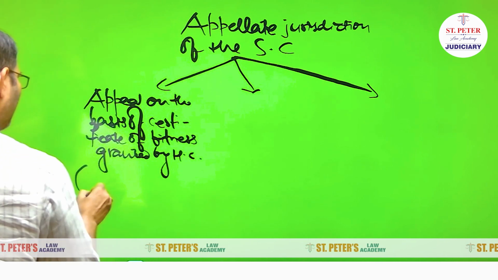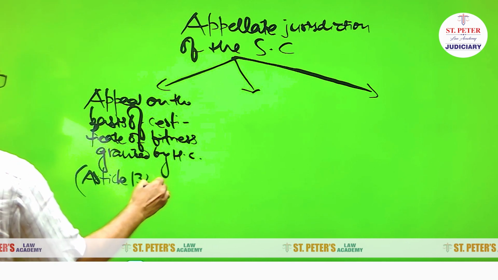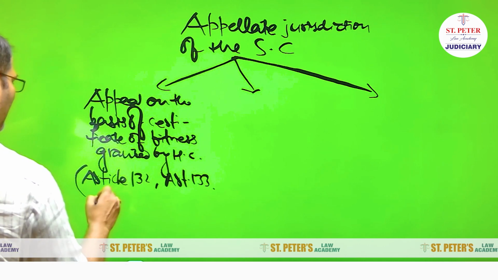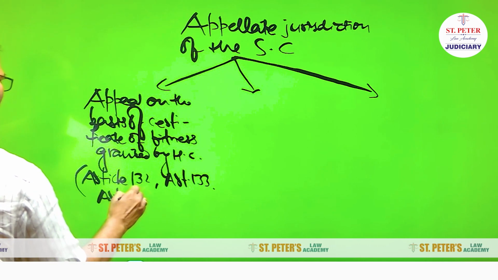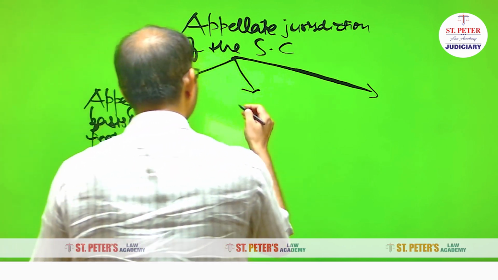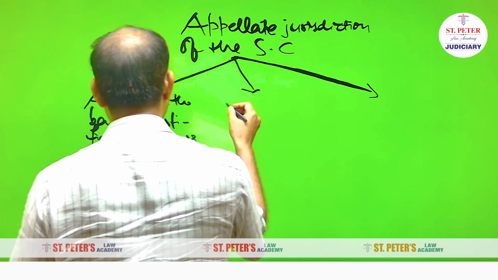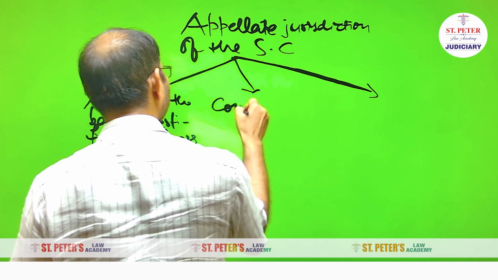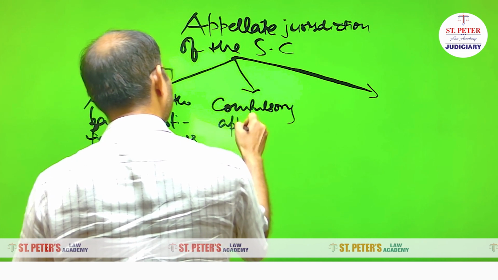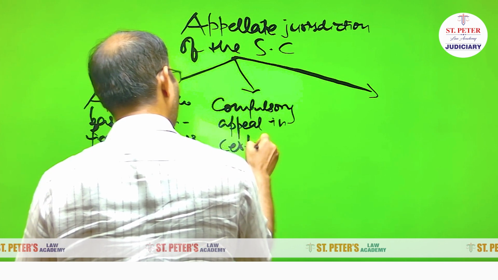The provisions related thereto are contained in Article 132, Article 133 and Article 134 of the Constitution. Another way by which appeal can land up at Supreme Court is compulsory appeal in certain capital cases.